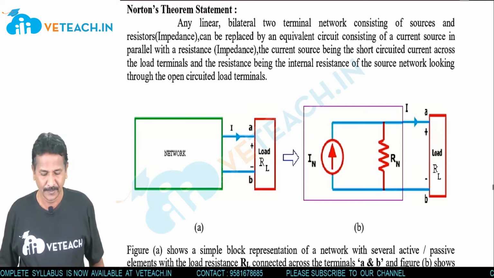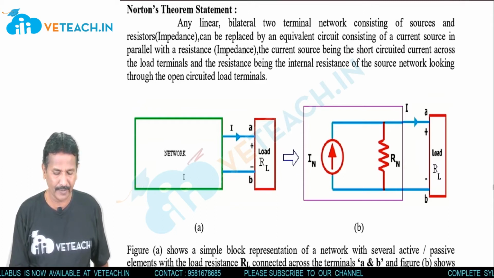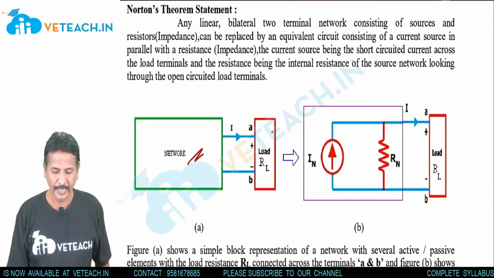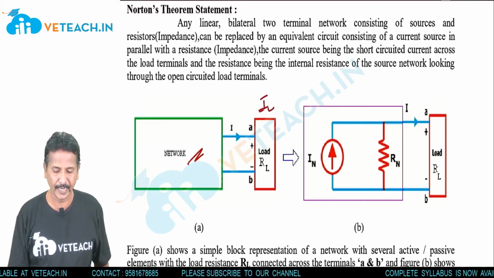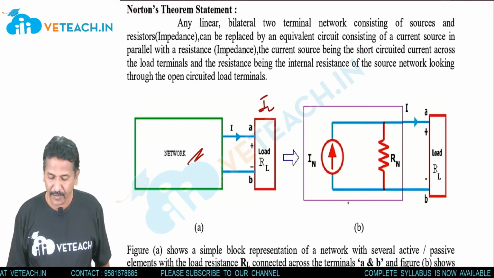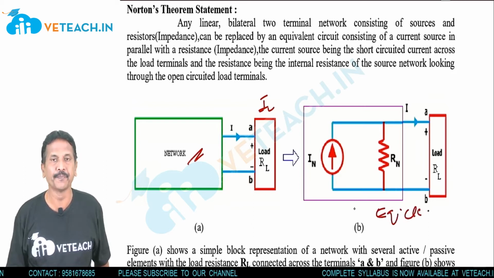Okay students, now if you see here in Norton's theorem, this is a network, this is a load. Across this load we have to find the load current IL. So this is an equivalent circuit diagram.